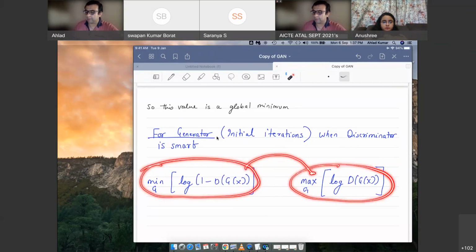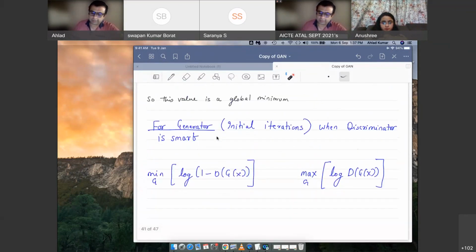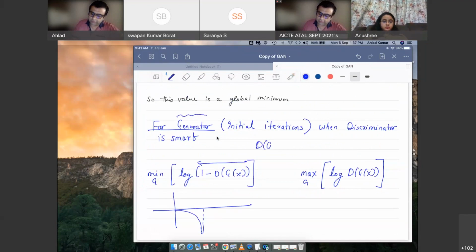So what they found out was to replace this particular thing by this particular thing. And why they went like this is because if you recall this expression, 1 minus D of G of x, it's like this, as I was telling you earlier also. And what is the ideal setting of the generator? The ideal setting of the generator is that D of G of x has to be whatever. So the problem is during the initial iterations. During the initial iterations, our discriminator is very smart, actually.